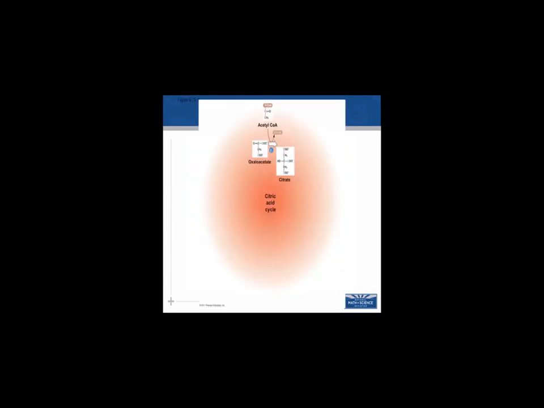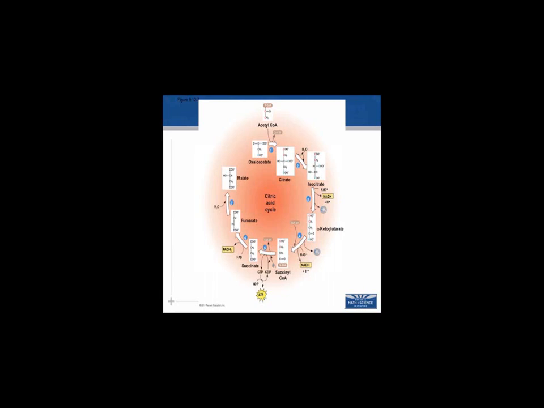I also wanted to point out that this happens twice for each glucose molecule that is oxidized. So a second coenzyme A is going to enter into the process. It will repeat the entire process, forming NADH a couple of times in the process, as well as some ATP. And we're going to have FAD reduced and then an additional NADH produced in this process.